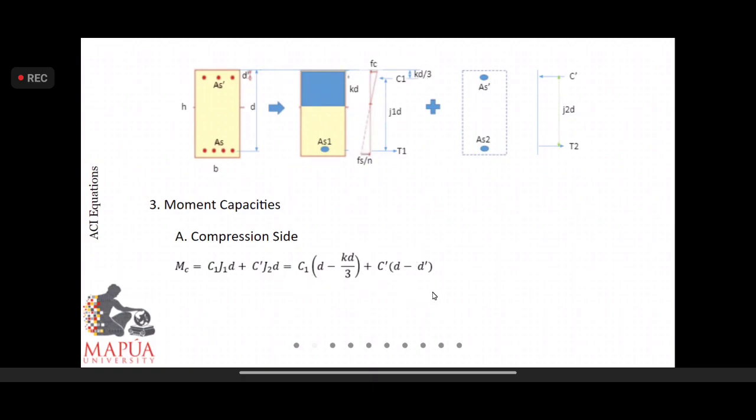The j2d is the difference of the effective depth and the d prime, multiplied by C prime. Then we can compute this one, which is equal to 133.37 kilonewton meter.